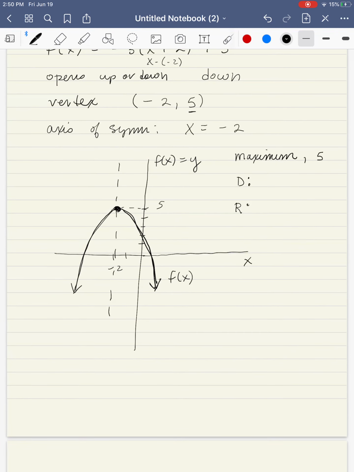And notice the 5 is the y-coordinate of the vertex. Let's go back to this one. I want you to look at your picture and write the domain and the range. And remember domain, you're sweeping across from left to right. Where am I touching the graph if I draw a vertical line? In the range, you're sweeping upwards. Where am I touching the graph? So pause the video, write the domain and the range looking at the picture.